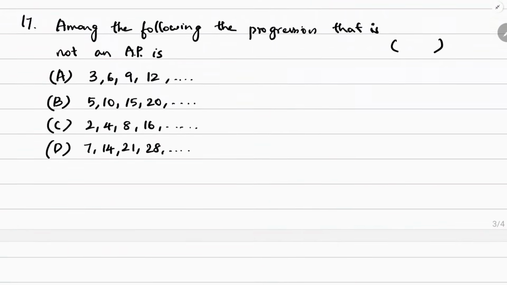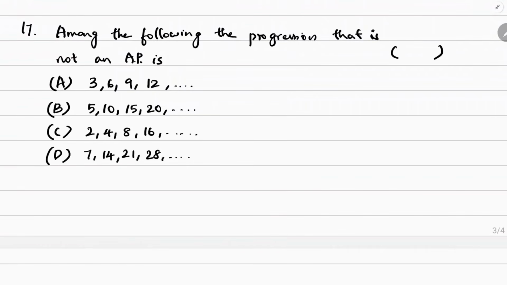Next, among the following, the progression that is not an AP. See, directly if you want you can observe here the gap is 3, 3 and 3. And here also the gap is 3, 3 and 3. Sorry. Here the gap is like 5, 5 and 5. Here the gap is 7. If you observe the third one, 2 and here it is 4, here it is 8.